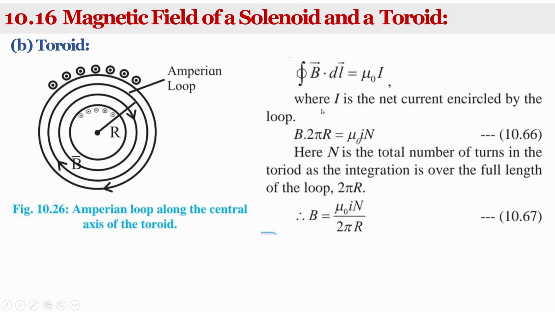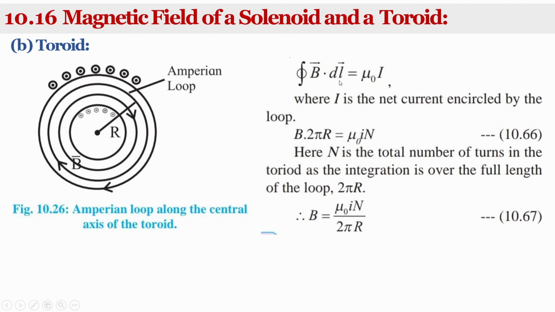This gives B into 2 pi r. The term B dl is B dl cos theta, where theta is 0, because B and dl are in the same direction, so cos 0 equals 1. B is constant, so it is taken out of the integration, leaving only the integral of dl.